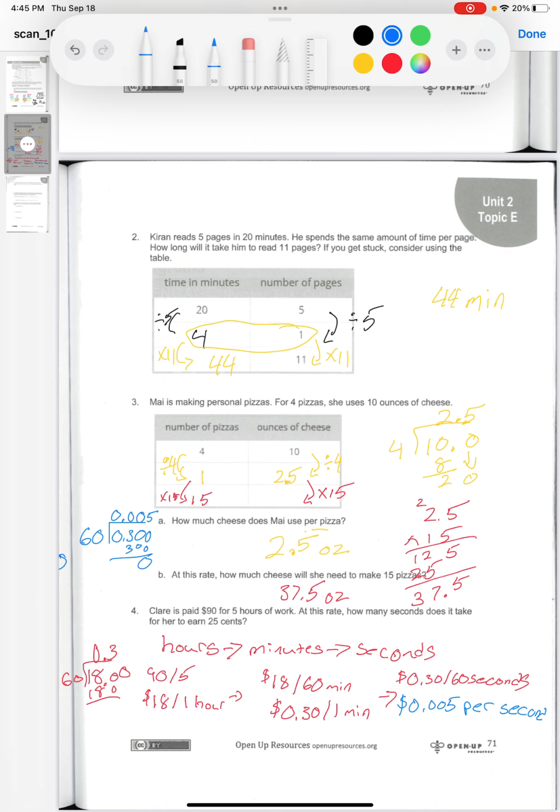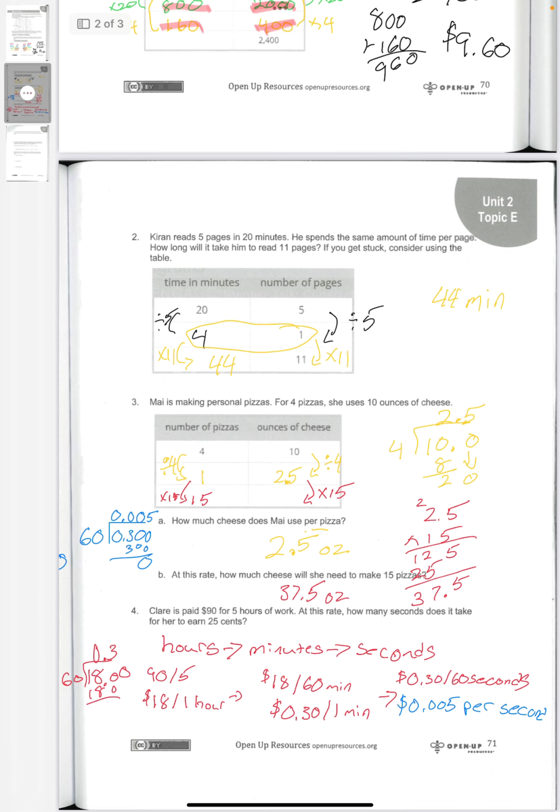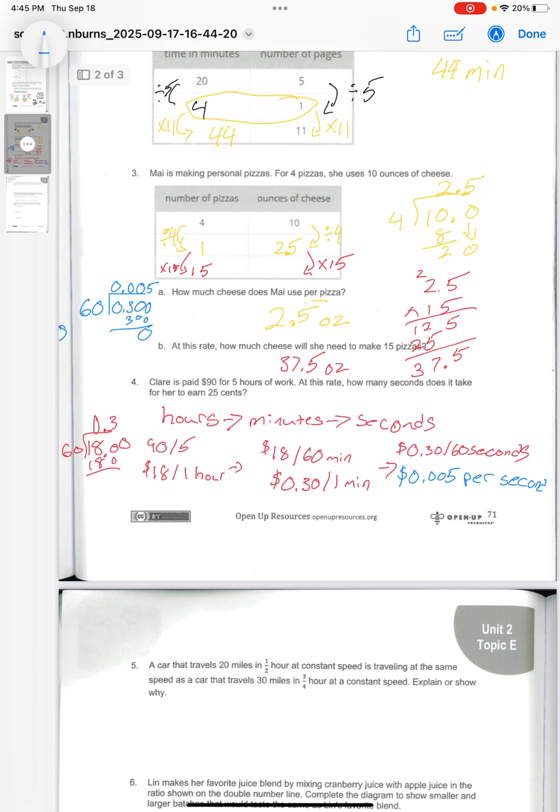And so since the question is asking how long will it take to earn 25 cents? Well, that's for 1 second. That's a half a penny for 1 second.